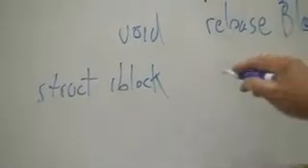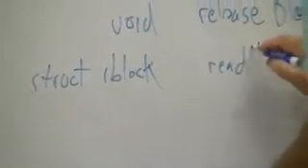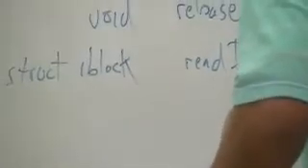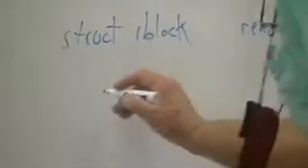That might be something like this: struct iblock, standing for indirect block, right? Struct iblock read iblock, int x. Do you see it?